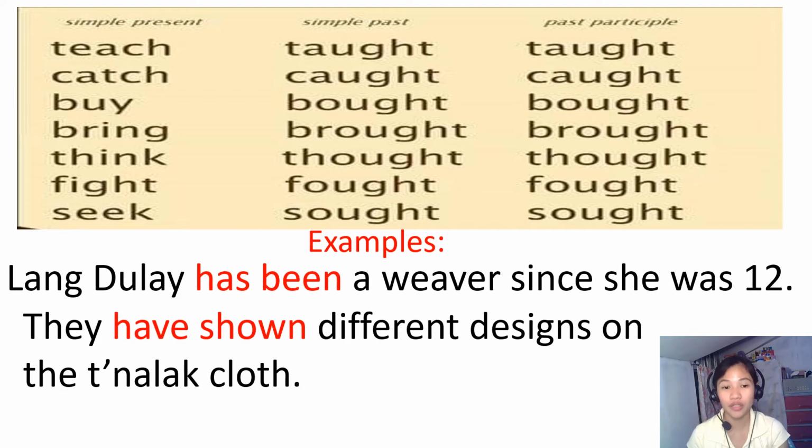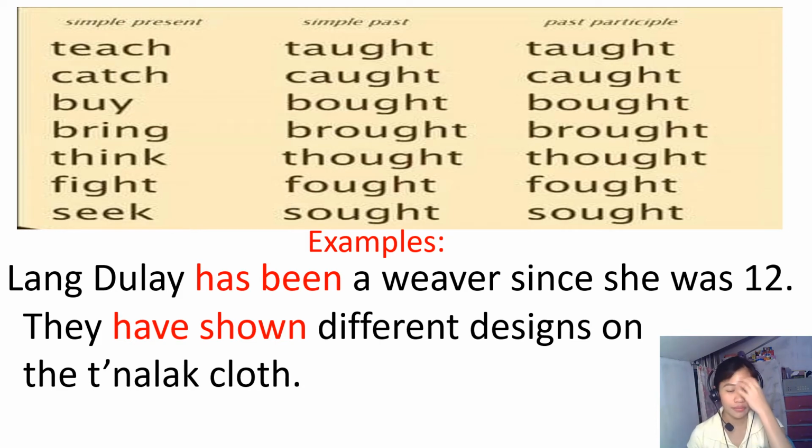But for the regular verb, just like walk, simple present walk, simple past we add ed at the end, walked, and its past participle must also be walked, that has the ed at the end of the word. So this is now the past participle, the third form of the verb: thought, caught, bought, brought, taught, fought, and sought.